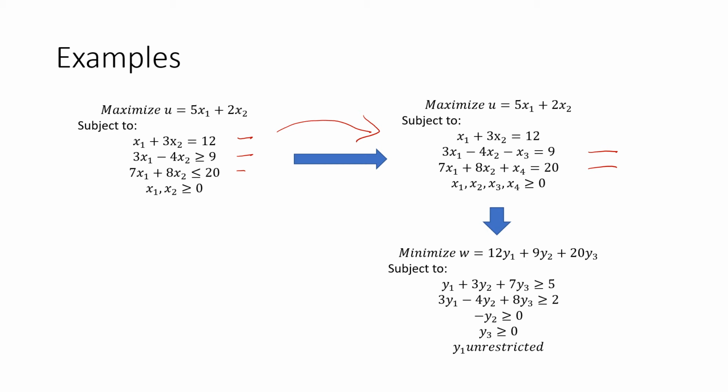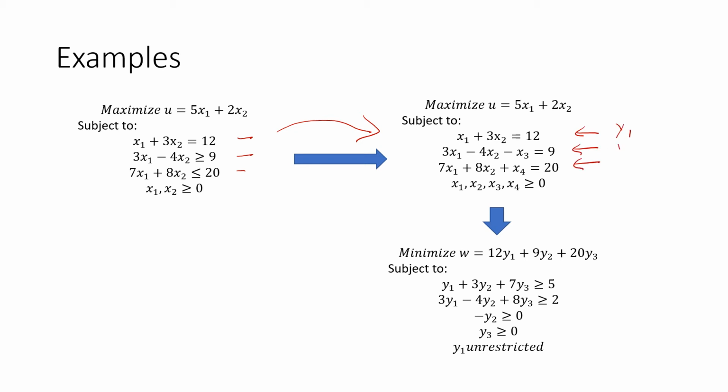Now there is a rule when you're creating a dual problem. If the constraint is equal, then your variable is unbounded. So in our case here, we are going to assign a new variable to each constraint.